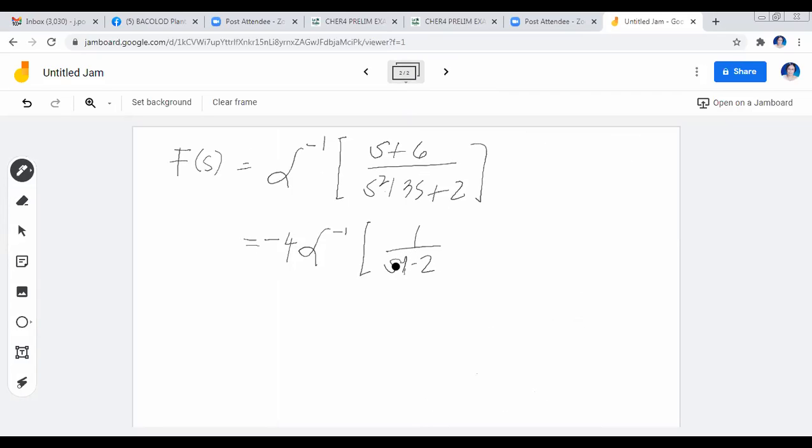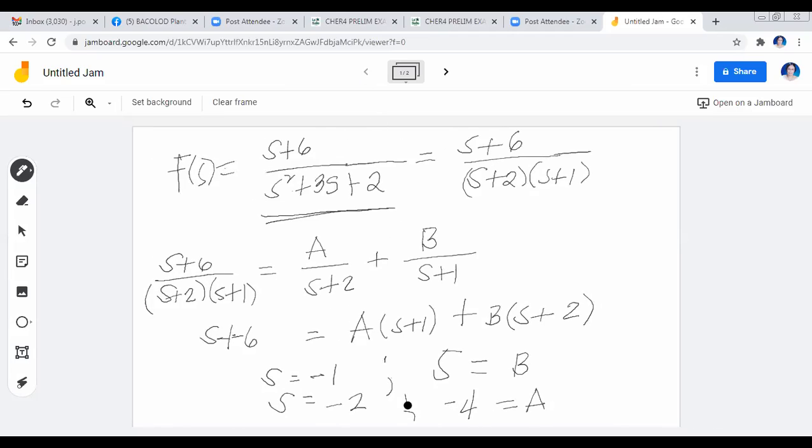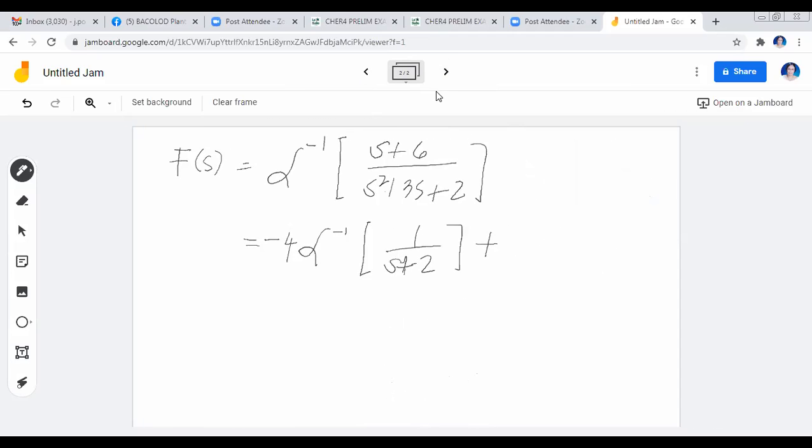You may wonder why I did not write the negative 4 in here. It's because if we are to invert a function of s in which the denominator is of this form, the constant in the numerator should be a 1. So my 4 should be written outside. As for my B, it has a value of 5 and the denominator is s plus 1.